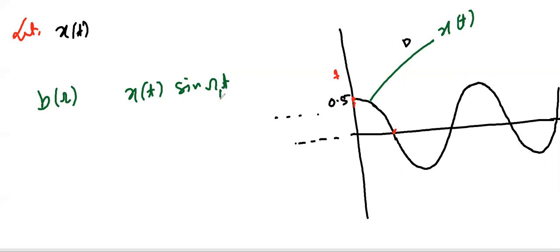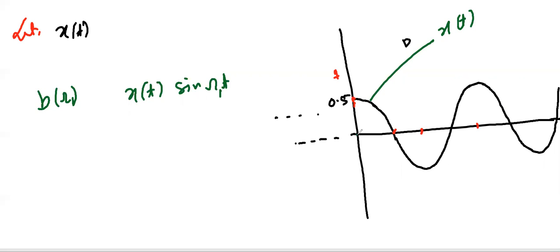Let's make it omega 1. This is omega 1. So where is sine omega t? With the same frequency of our x(t). We do not know about the x(t), but fortunately, let's say omega 1 and the frequency of x(t) are the same. So now if we draw the sine omega t, how it looks like should be like this.